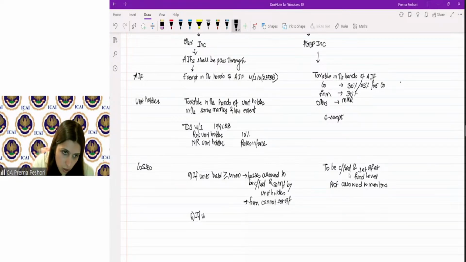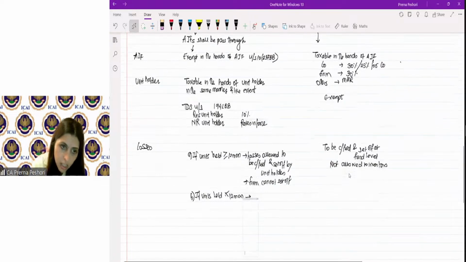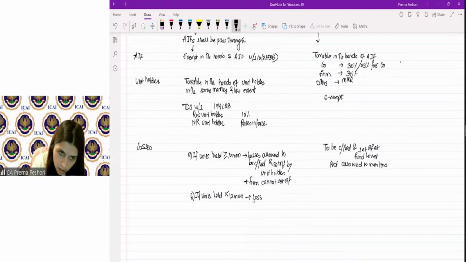if units held for less than 12 months, then losses cannot be set off and carried forward by the investors.